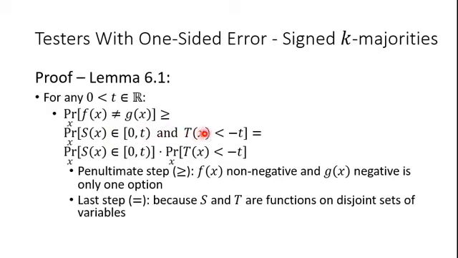And what does this equal? This equals the probability of s(x) being in this interval times the probability that t(x) is less than minus t. And why is that? This is written here because s and t are simply functions on disjoint sets of variables. We just saw that f is for the first k variables, and g is for the first k prime variables, and we know that t is running from k plus 1 until k prime.